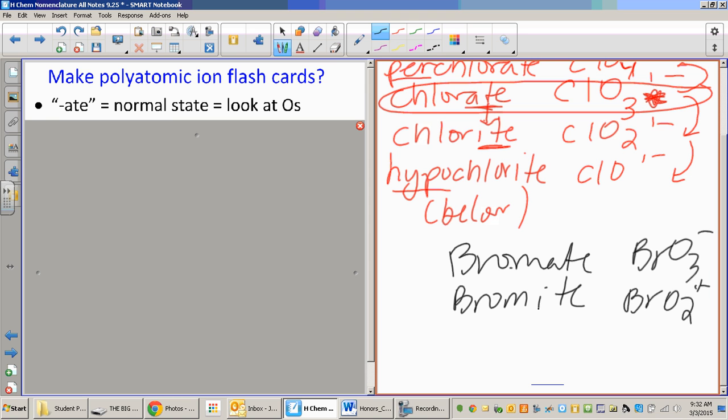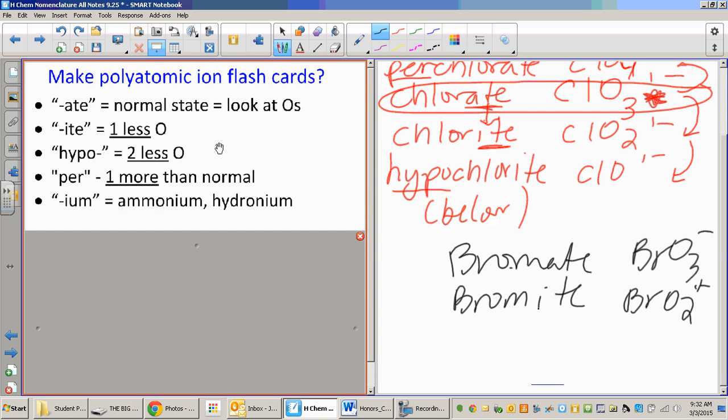BrO2, 1 minus. It works every time, okay? The charge stays the same. It's based on something called formal charge, which is an AP level concept, but that's why. There is a method to the madness, but I don't want to explode your brain yet, but you can take AP Chem. Ask me that in the year.